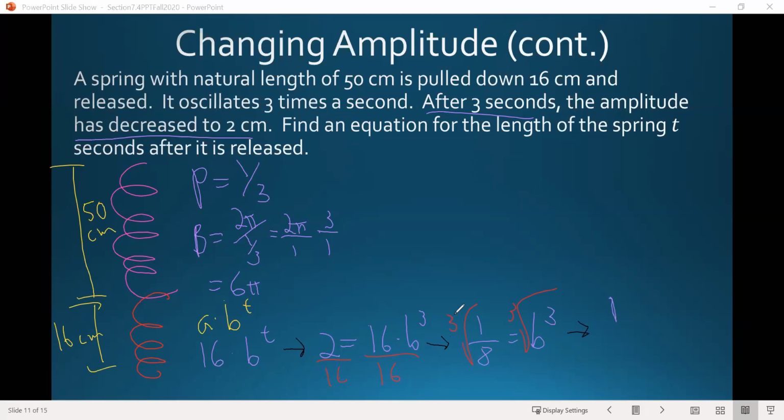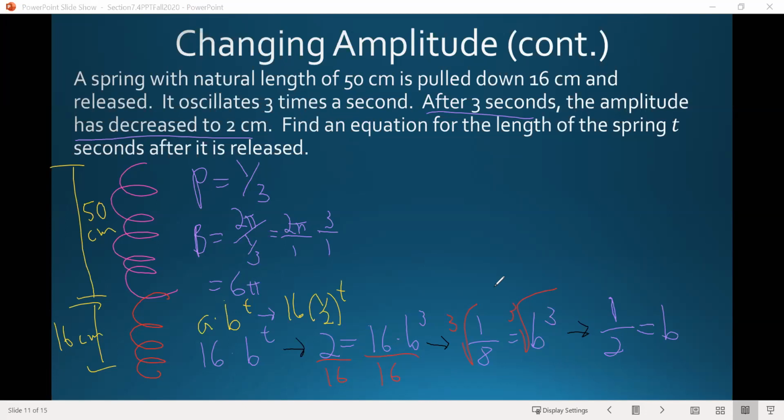Cube root of 1 is 1, because 1 times 1 times 1 equals 1. Cube root of 8 is 2, because 2 times 2 times 2 gives us 8. So there's our value for b. So now we know that a times b to the t will have the form 16 times 1/2 to the t. I've got the value for b.